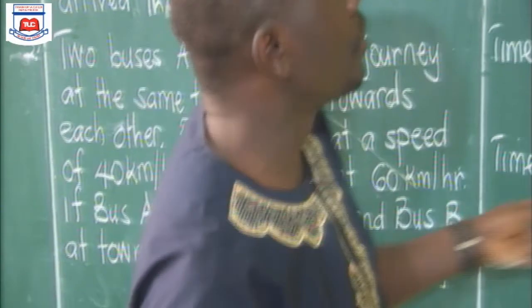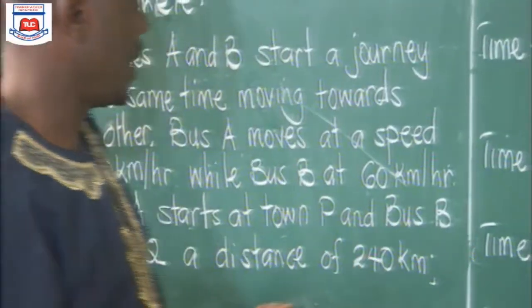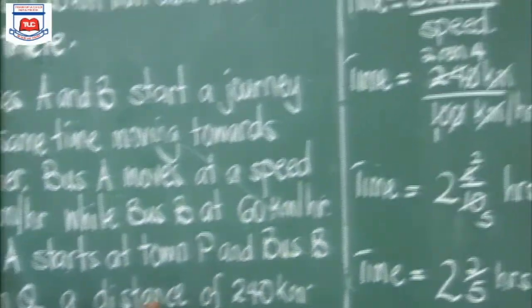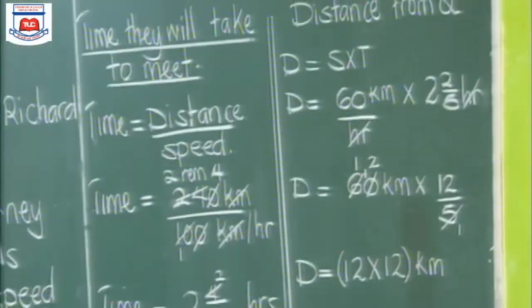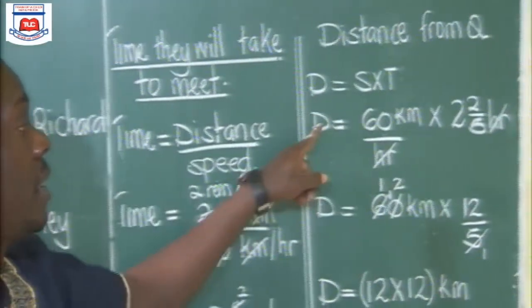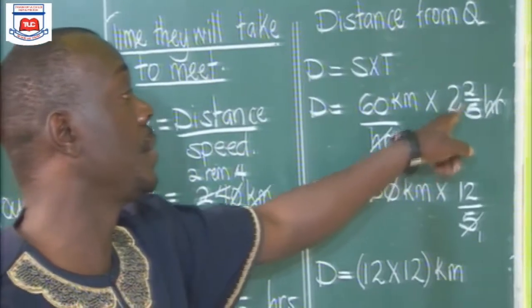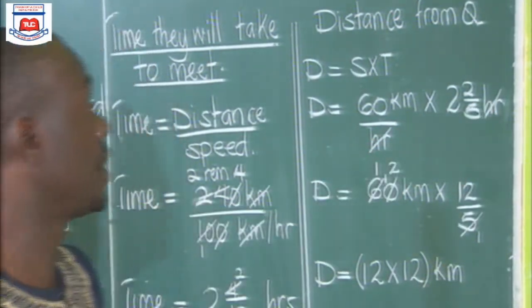So now we are going to get the distance from Q using bus B's speed. Thus, you say distance is equal to speed times time. Distance equals 60 kilometers per hour times the 2 and 2/5 hours they will take to meet.